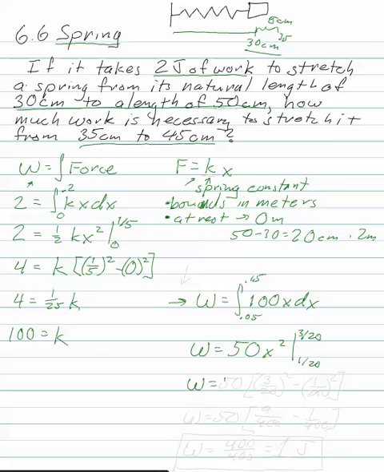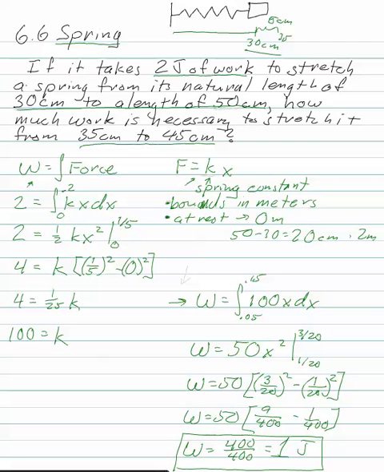So the work is 50 times, plug in the 3/20 and square it, minus the 1/20 and square it. 20 squared is 400, so the work is 50 times 9/400 minus 1/400. 9 minus 1 is 8, and 8 times 50 is 400. So the work is 400/400, which is 1 joule. Now that will really not happen very often, but I wanted to pick nice numbers, so the work is 1 joule for this problem. And that's how we do the spring problems.